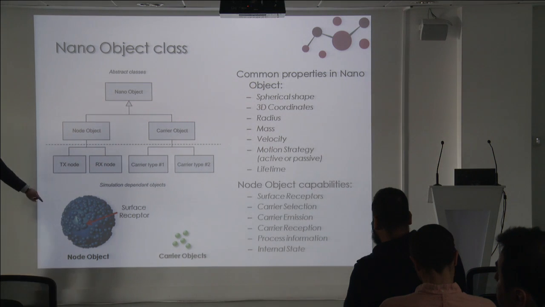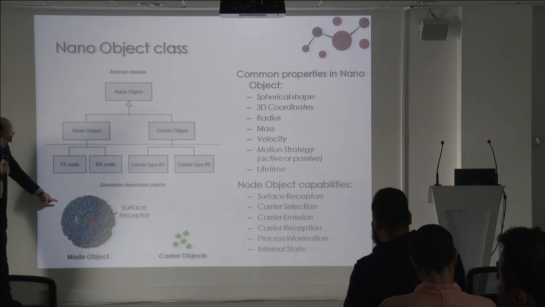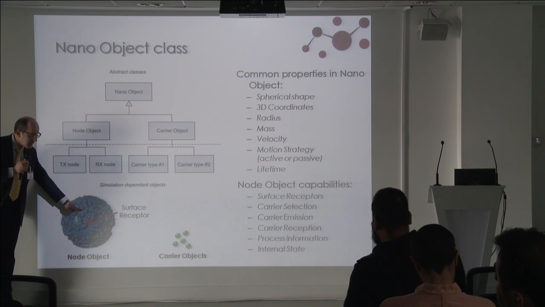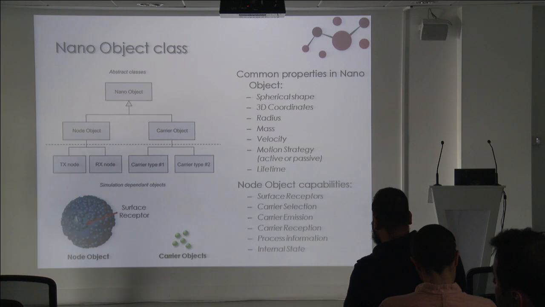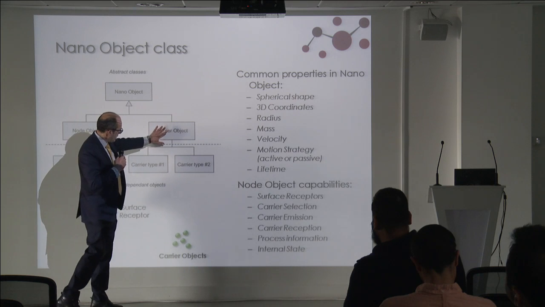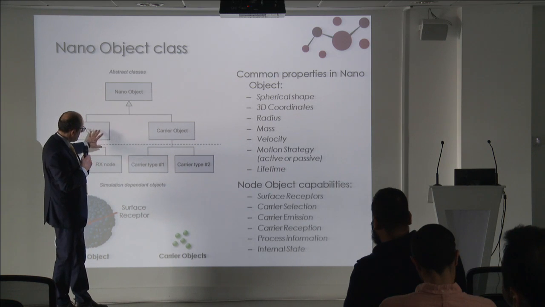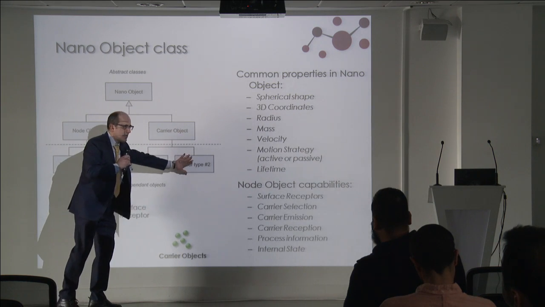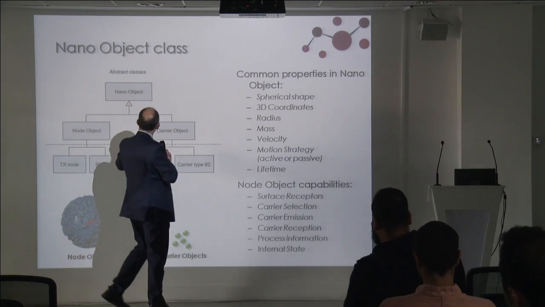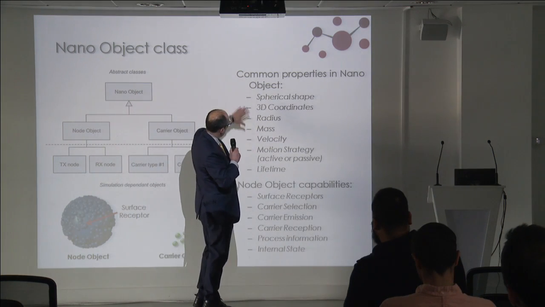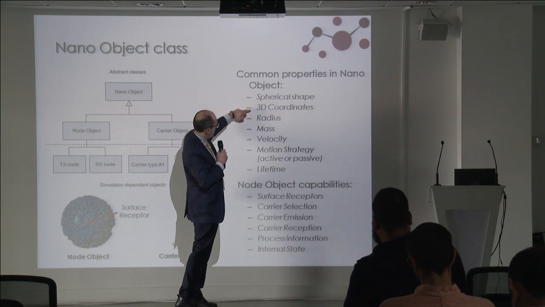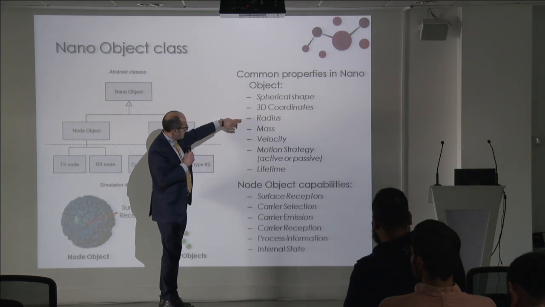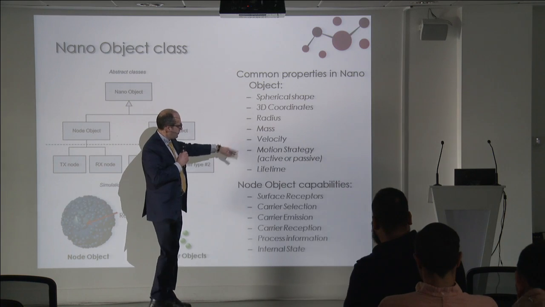For example, we can use objects also for instantiating individual receptors in nodes, while it's much simpler to implement the carrier objects because they are distinguished by changing just their type. So from this class, we have the general features: the shape, which is spherical, their coordinates, radius, mass, velocity, motion strategies.